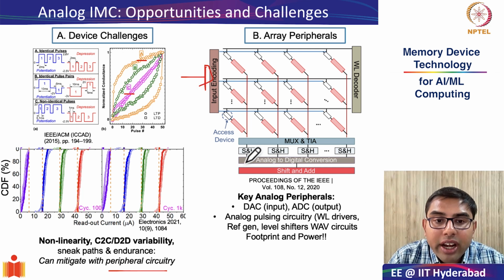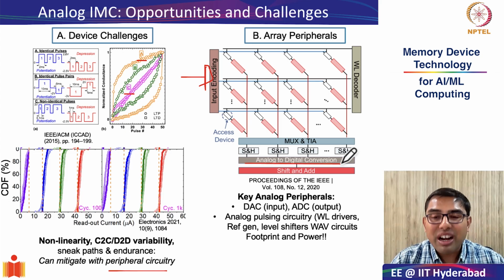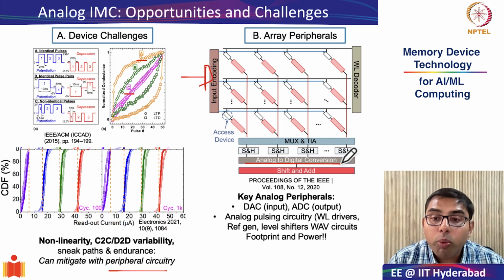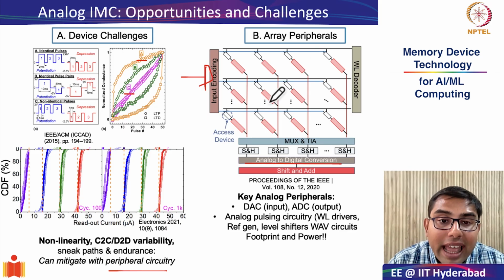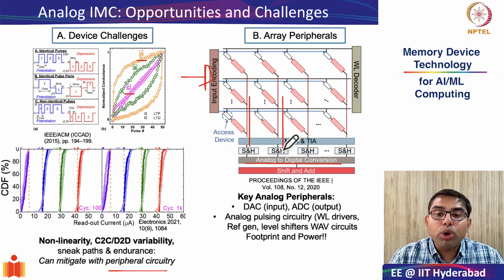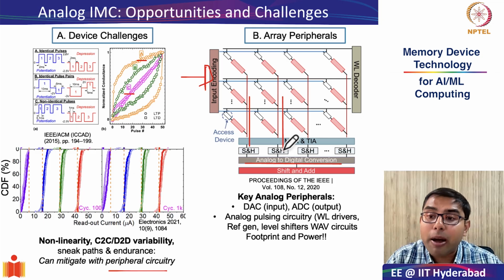At the other end are your analog to digital converters. This is absolutely essential because after the current accumulation which happens at each and every column, this analog current requires an analog to digital converter, and this also is typically the major bottleneck in analog in-memory computing.